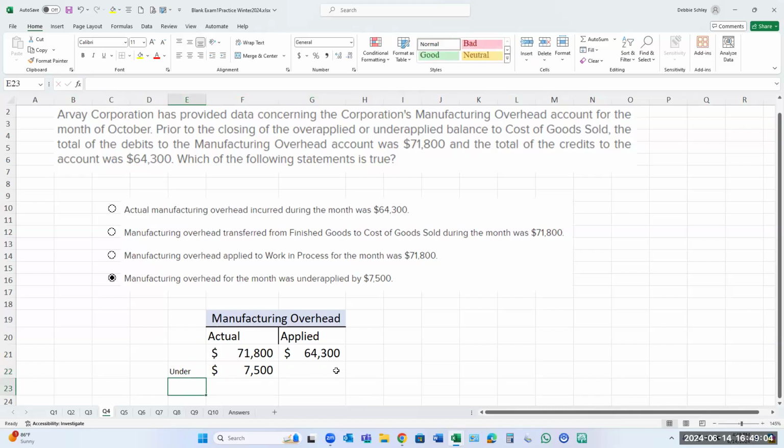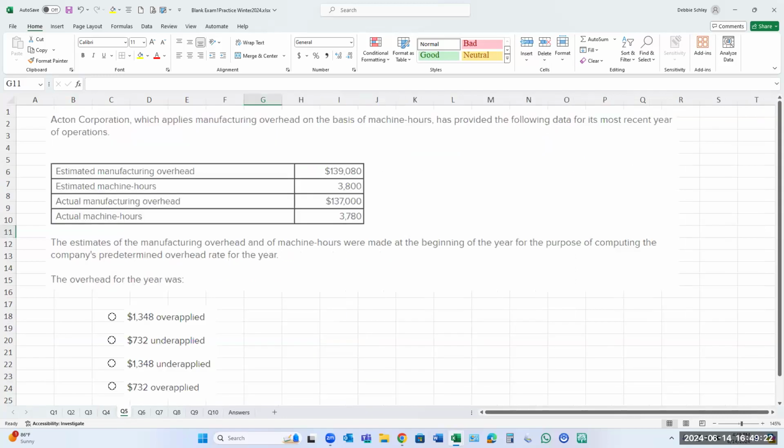If it had been overapplied, there would have been a credit balance. But it was a debit balance because the actual is more than applied. So that means applied is under or less than actual. So it was underapplied. We did not put enough on the books. Okay.